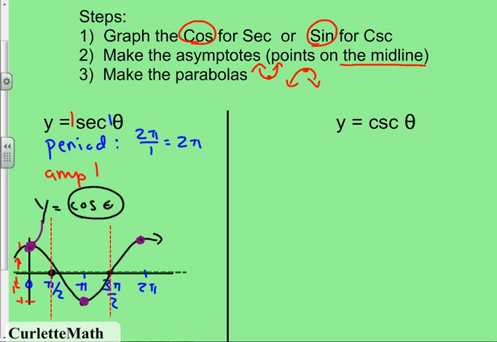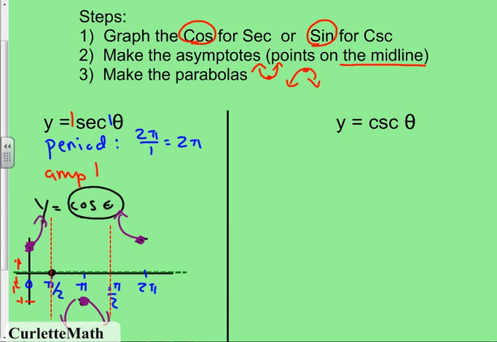So now I make my parabolas at each remaining point. One thing I should do at the very end is erase this little outline that I made of the cosine function, which just helped me graph the secant function. So the secant function is what we have left here with our parabolas.